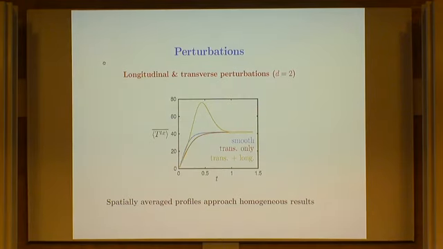And even in the intermediate time region, even if you have spatial inhomogeneities at early times, you can also imagine integrating over those inhomogeneities and getting a spatially averaged result. And you can see that the spatially averaged results also approach the results in the absence of inhomogeneities. Okay? So what it says is that this is very robust.